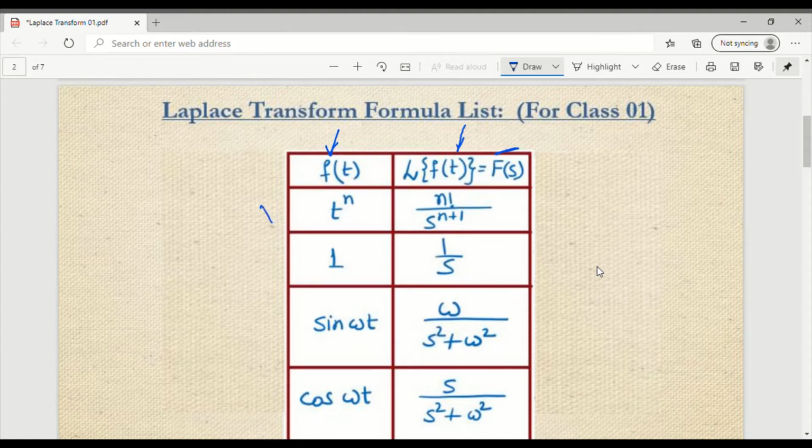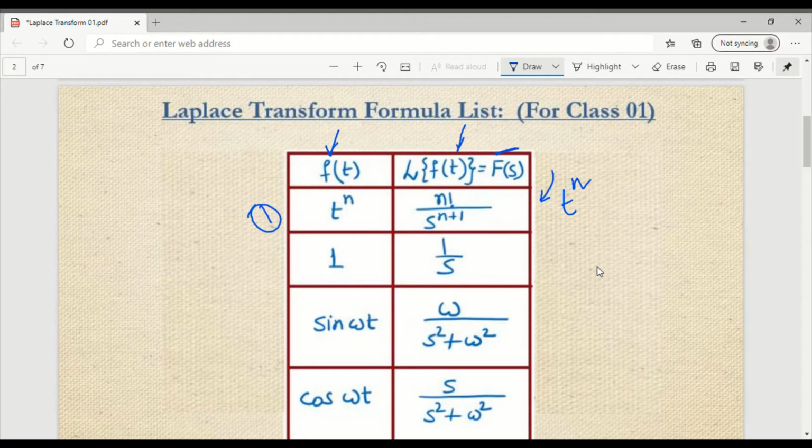What is my first function? The first function says that the Laplace transform of t^n is n! divided by s^(n+1). You can see that after the transformation we don't have t here. This is our goal: to convert the function in time domain into the frequency domain.